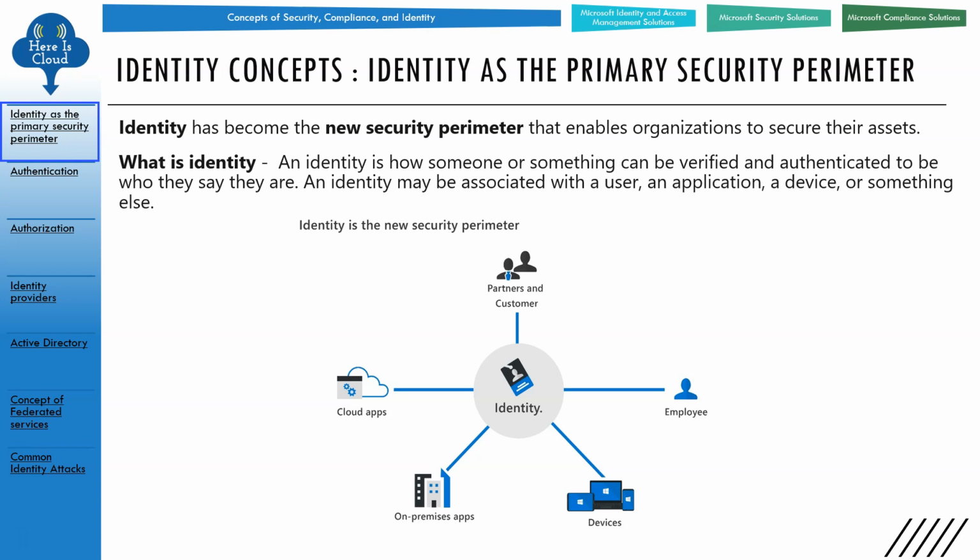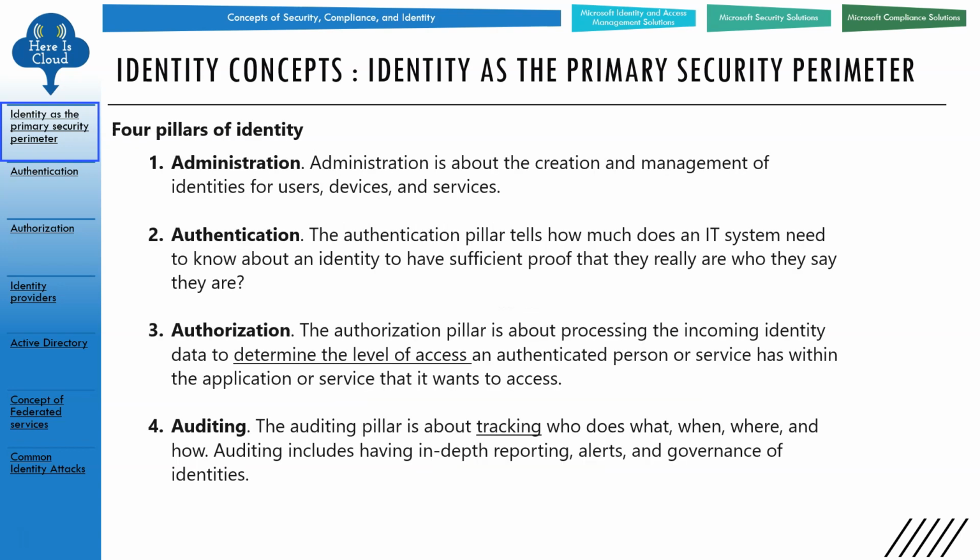So as you know, what is identity? Identity is how someone or something can be verified or authenticated to be who they say they are. It could be associated with a user, an application, a device, or something else. So that is the basic definition of identity we should know. And again, identity sits on 4 pillars.